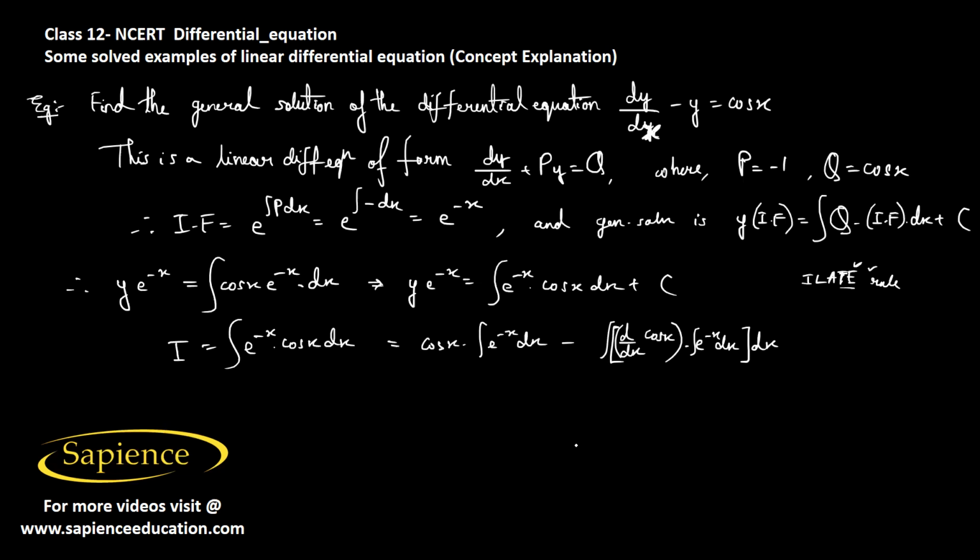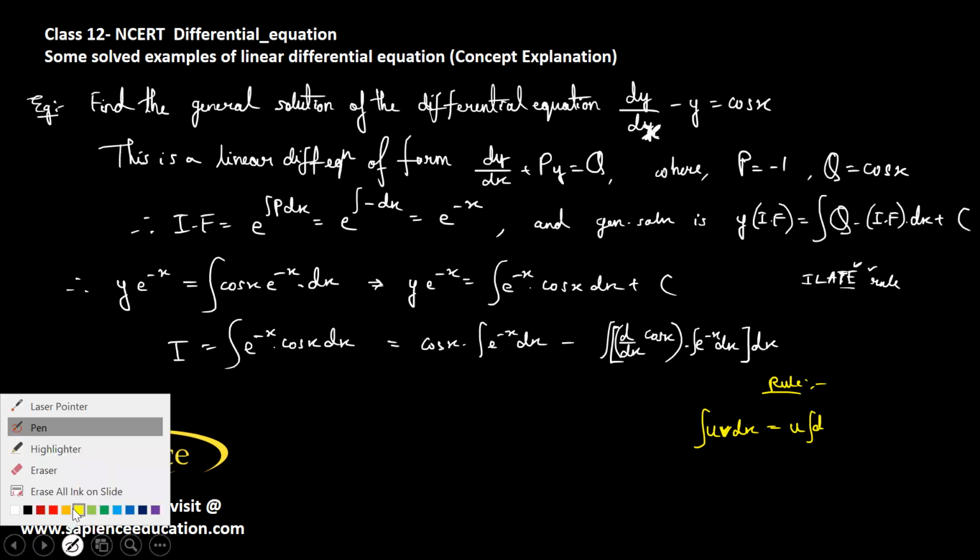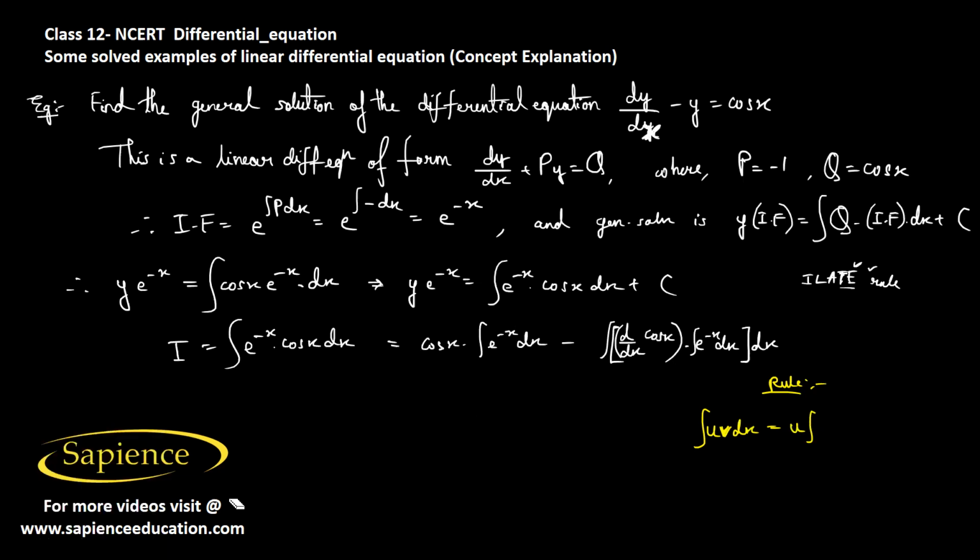Here actually we are using the rule of integration by parts. The rule is that integral of u v dx, where u and v both are functions of x, if we take v as the second function and u as the first function, then this would be u integral v dx minus integral du by dx into integral v dx, then whole integral dx.